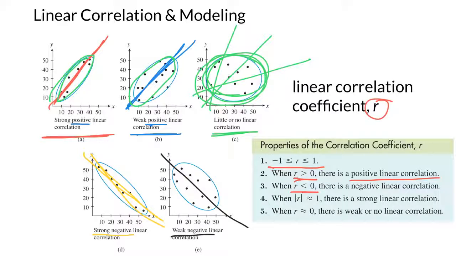When it is less than 0, it's a negative linear correlation. The closer that R gets to 1, positive or negative, the stronger the correlation. So number 4 says when the absolute value is approximately 1, there's a strong linear correlation. The closer that number gets to 1, the stronger the correlation is. When it is closer to 0, it's weak or no linear correlation.